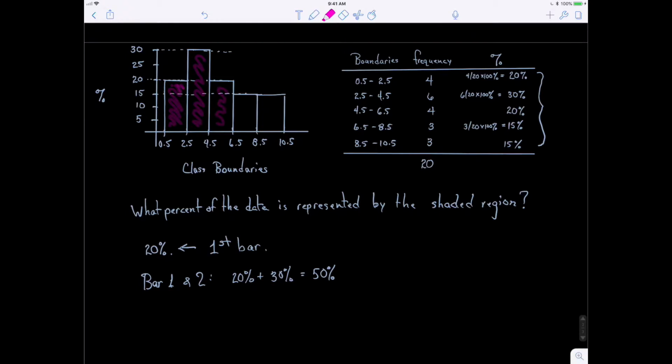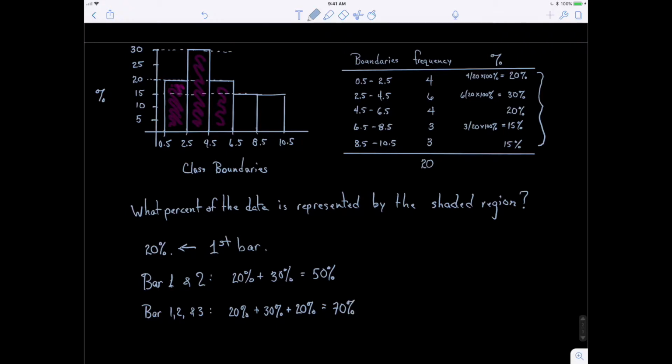What if I shaded another bar? So now I have bars 1, 2, and 3. Again, the first bar is 20%, the second bar has 30%, and the third bar is also 20%. So if we add those up, the shaded region now represents 70% of the picture.